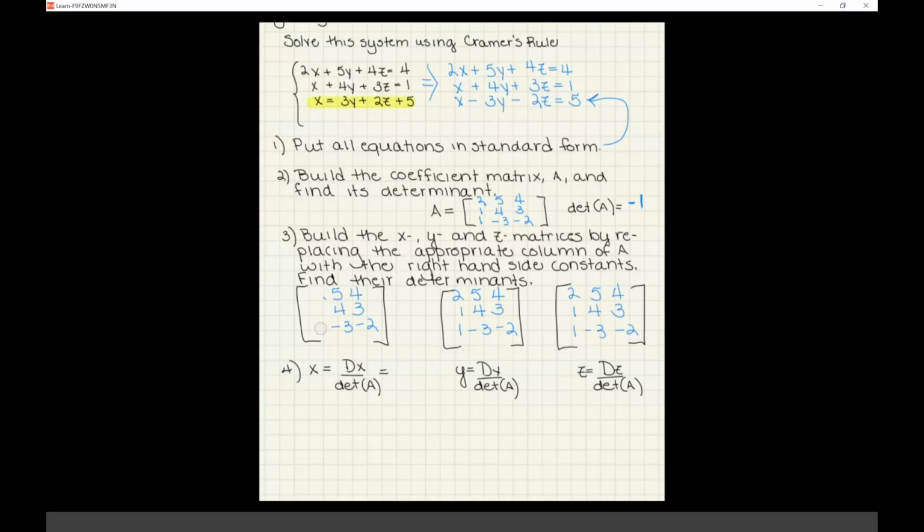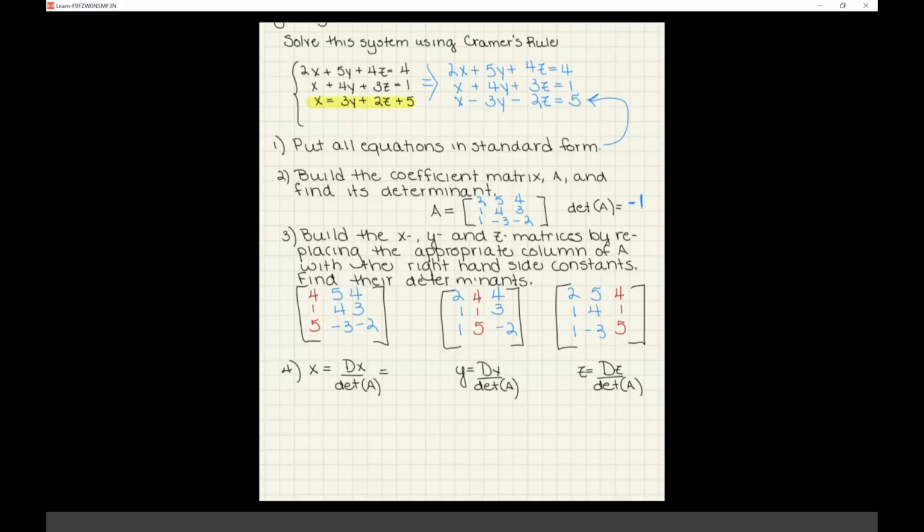Here I'm erasing the x column, here the y column, and here the z column. And I'm putting in my right-hand sides, which are up here: 4, 1, 5. That's how I build my x, y, and z matrices.